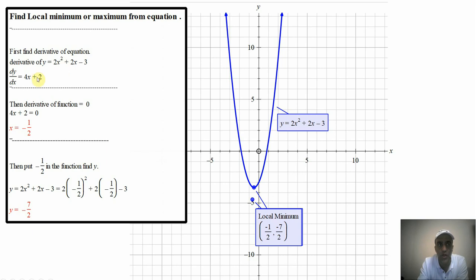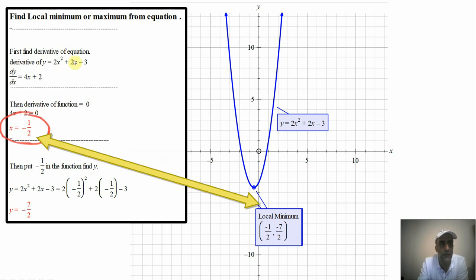In the second step we have to set the derivative of the function equal to 0. As you see, 4x plus 2 equals 0, and we find x equals minus half. This point is the minimum point on the x-axis.